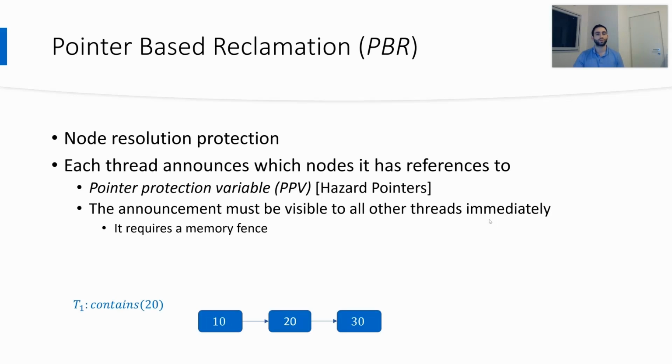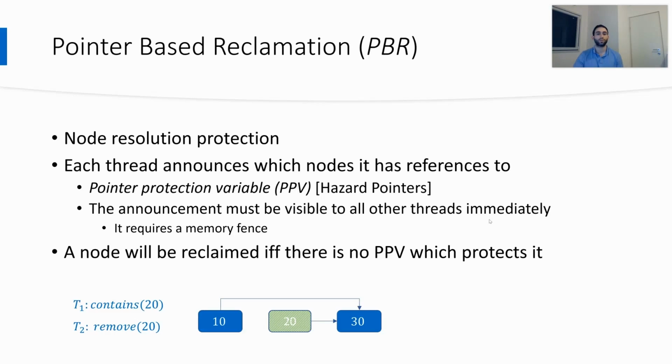So if a thread searches for the key 20, it must first protect it with the hazard pointer. If another thread tries to remove 20 at the same time, it cannot reclaim its memory since it is aware that another thread has a hazard pointer to it. And the node can be reclaimed only if there is no pointer protection variable which protects it.